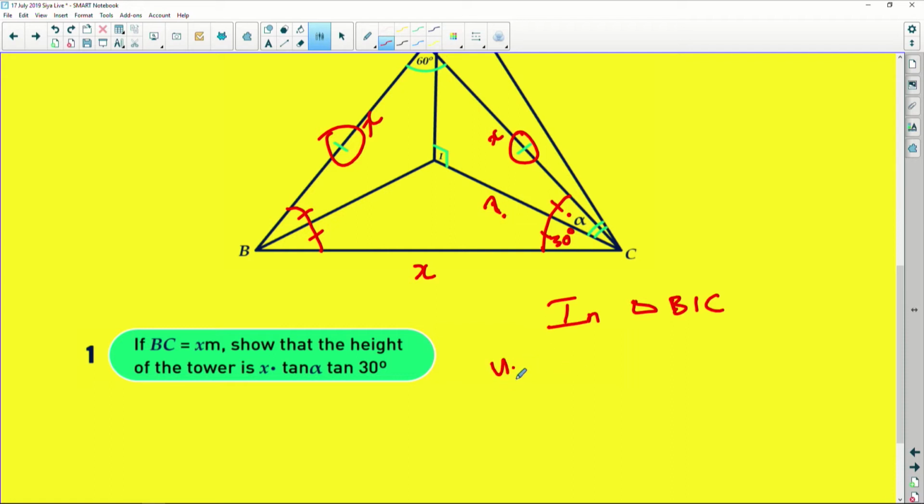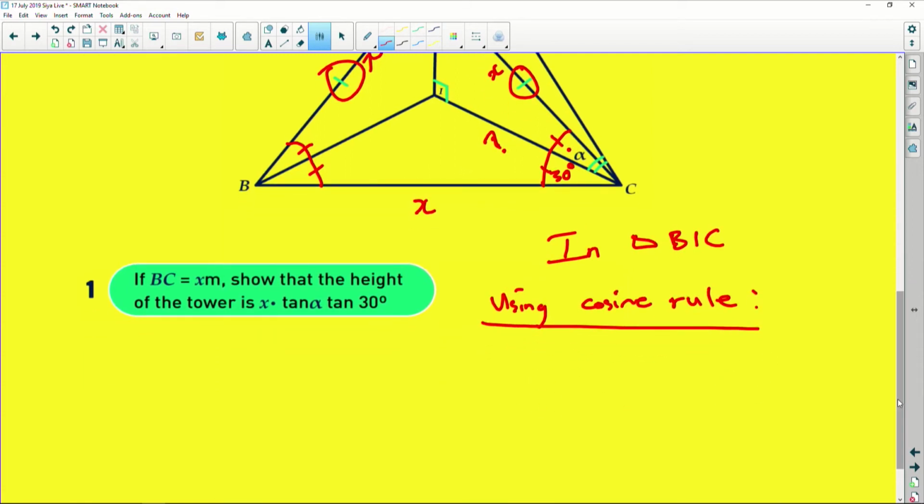So I will then say, using the cosine rule, what I will then have here is the side opposite. So let's just write them in full. It will be IC, not IB.